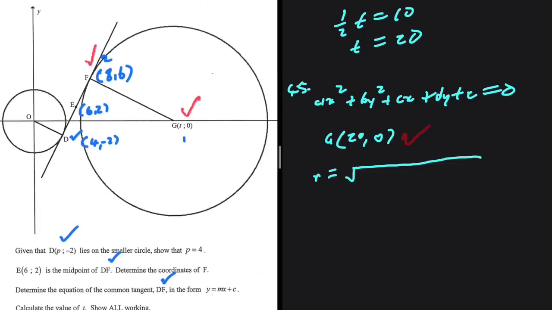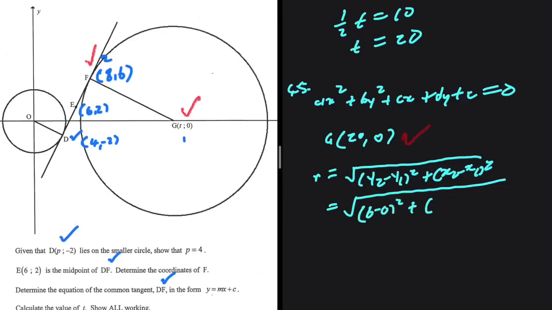So if we find the length of GF, then we have the radius, okay? So this is y2 minus y1 squared plus x2 minus x1 squared. So the radius is going to be equal to, I'm taking F as the second point, so y is 6 minus 0 squared plus 8 minus 20 squared.